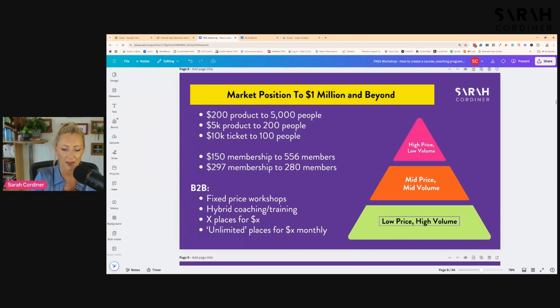If you're selling things at a lower price, you're going to get a higher volume of sales. You're going to get more people buying purely because price determines whether something is accessible to the masses or not.